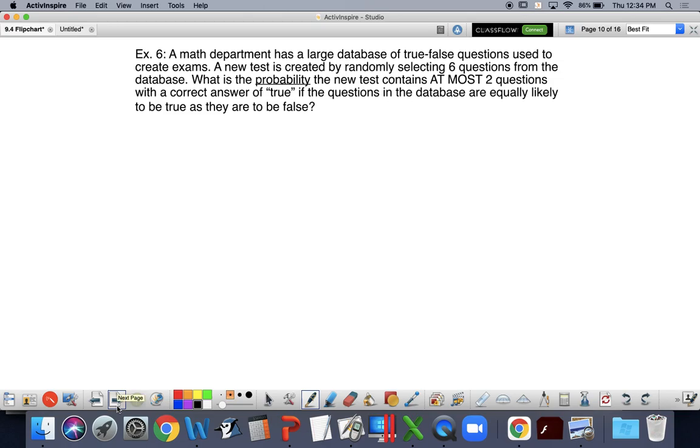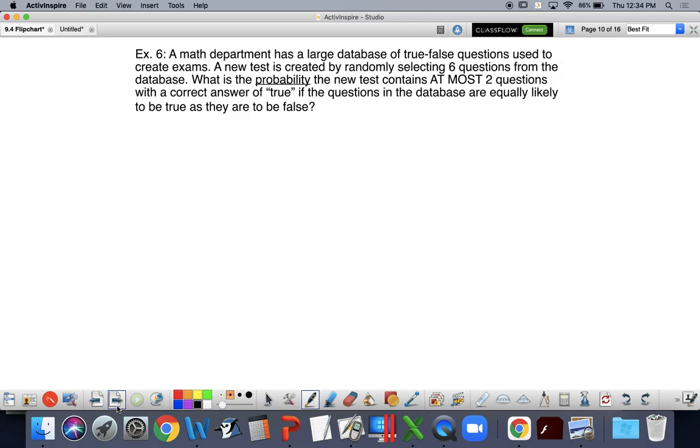We're going to do a few more problems together. A math department has a large database of true and false questions used to create exams. A new test is created by randomly selecting 6 questions from the database.